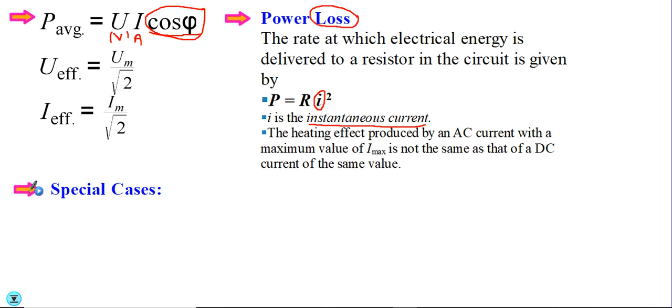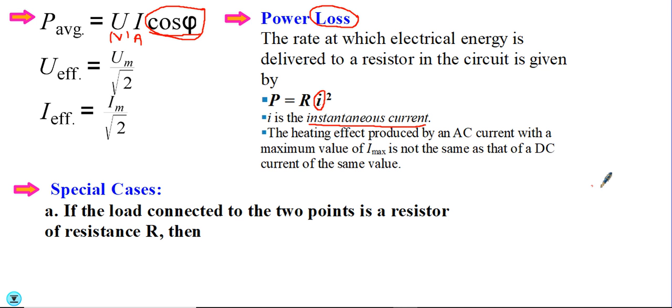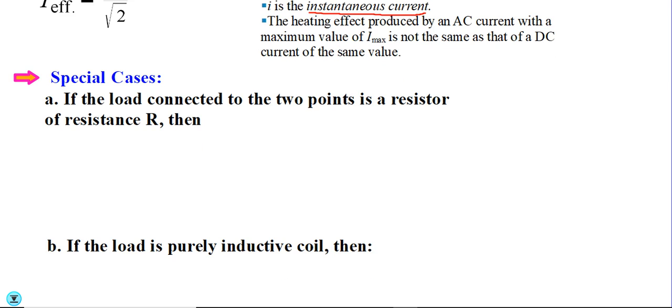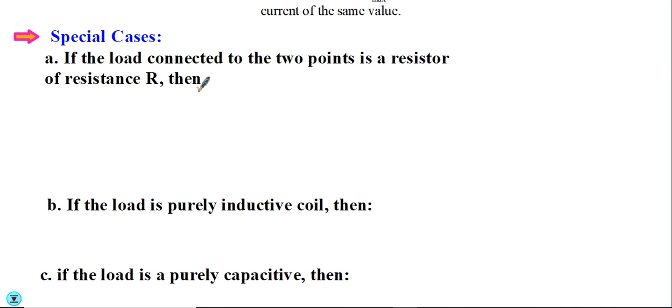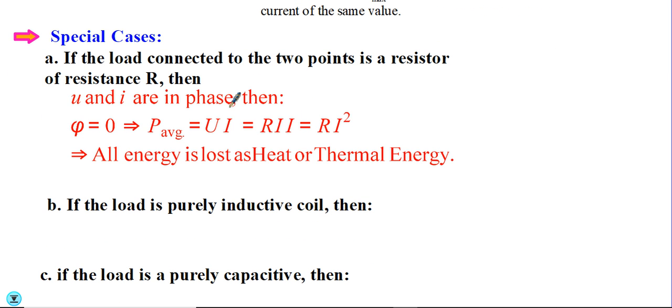So there are some special cases to find the power. Let's begin with the first one. If the load connected to the 2 points is a resistor of resistance R, then U and I are in phase, then φ is 0, then P average is equal to U I cosine φ, and cosine 0 is 1, so it will be U I, but U is actually R i, so R i times I, it will be R i squared.